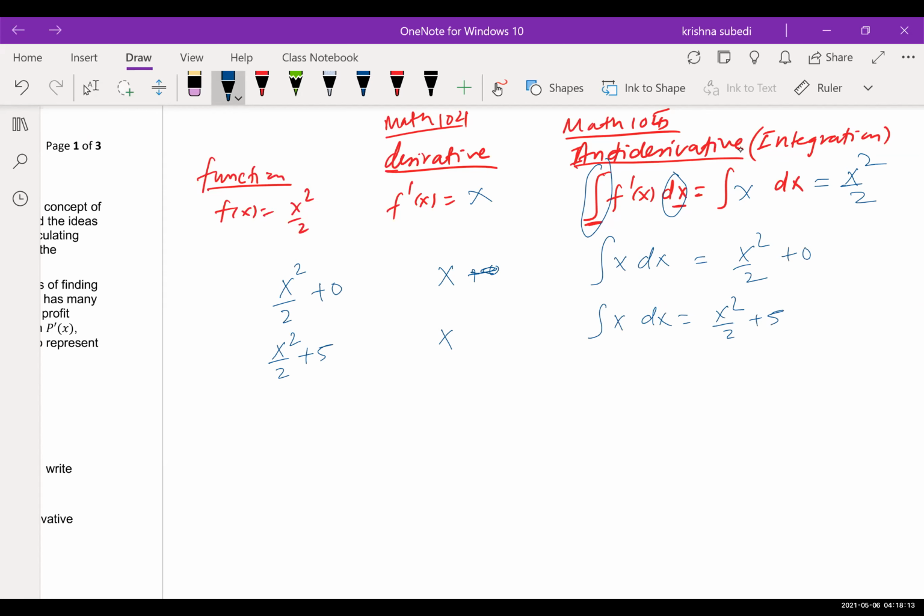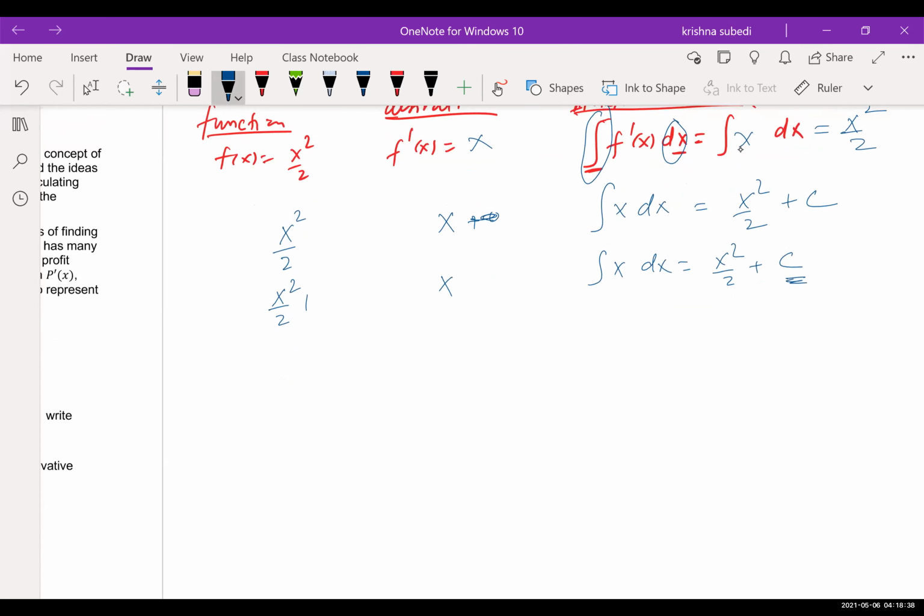So this means if there is a constant, the derivative of the constant is 0. Therefore, in order to get the original function, we must have some constant there. For that reason, we always write C, for example. C represents a constant. Make sense? So always make sure that you write that C.